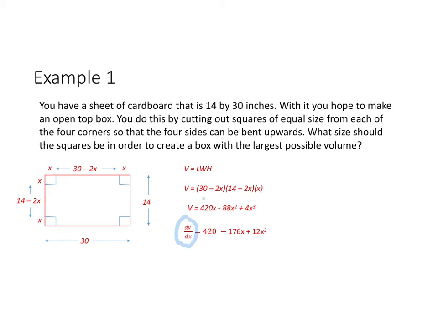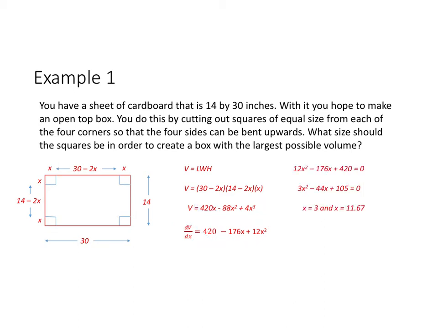If we take the derivative, we end up with 420 minus 88 times 2, which is 176x, plus 4 times 3, which is 12x squared. So there's our dV/dx.